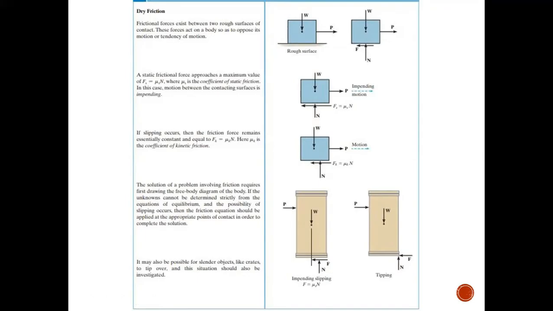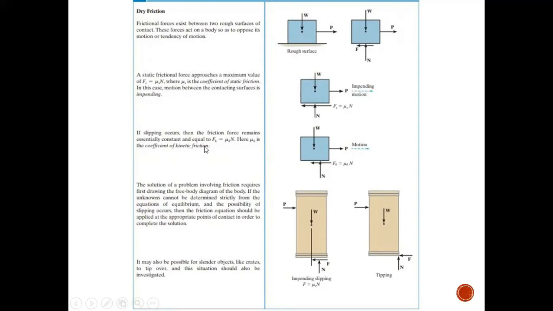A static frictional force approaches a maximum value of F equals mu s N, where mu s is the coefficient of static friction. In this case, motion between the contacting surfaces is impending. Here, this is the impending motion, so the frictional force is opposite to its motion.